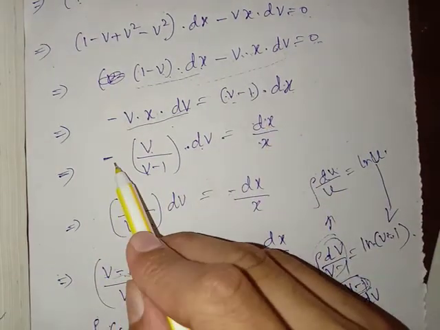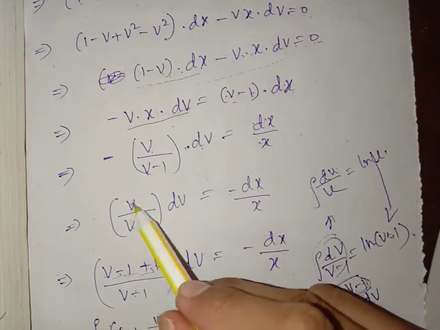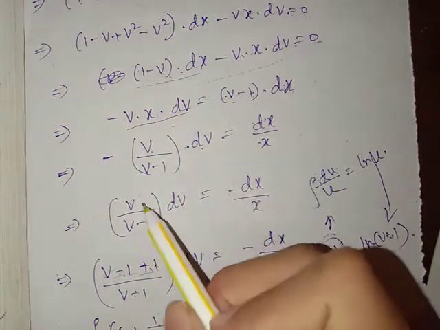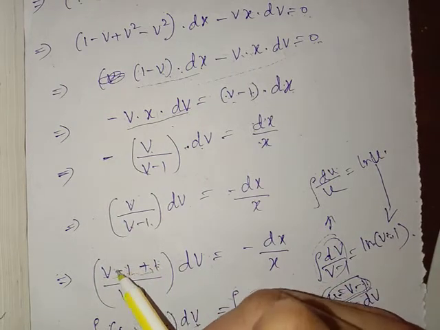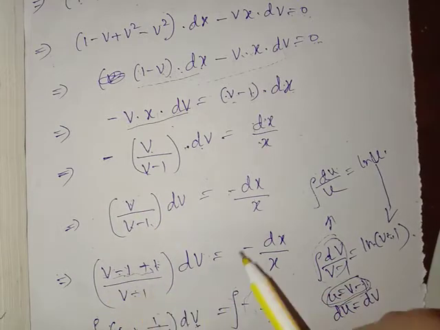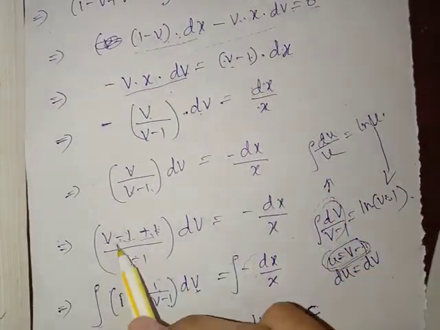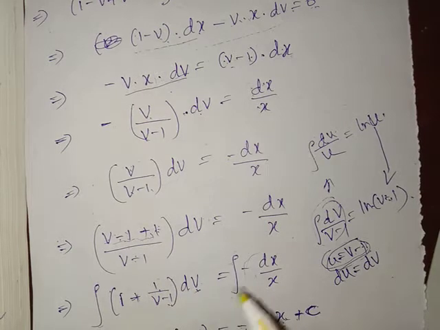We can take this minus to here, we get minus dx by x. We can write v as v minus 1 plus 1, so that 1 minus 1 becomes 0. Then we can write v minus 1 divided by v minus 1, that is 1 plus 1 divided by v minus 1, into dv is equal to minus dx by x.